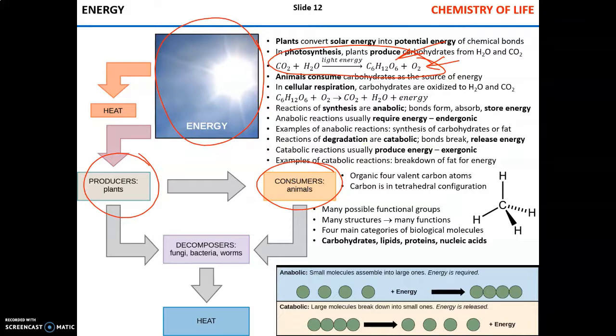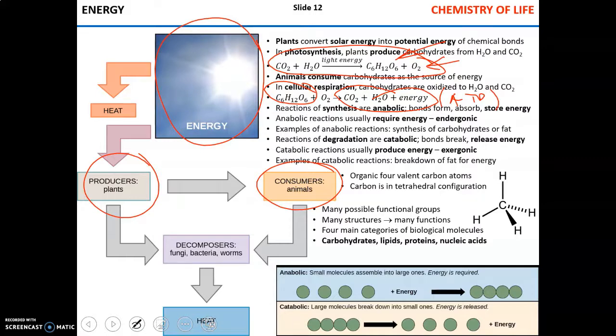And animals convert the energy of chemical bonds that plants formed to their own energy, to ATP. They convert the energy of chemical bonds from plants into their own ATP. We can put ATP here, producing carbon dioxide and water. They basically oxidize glucose to carbon dioxide and water.